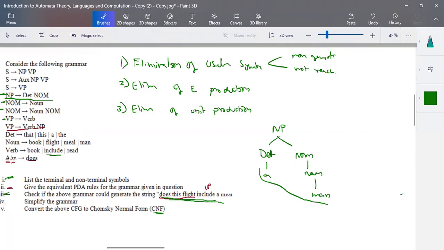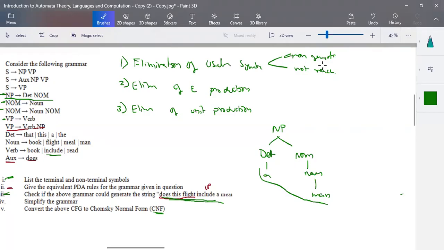And all the remaining symbols have a direct production. AUX tends to a terminal symbol, verb tends to a terminal symbol, noun tends to a terminal symbol. So all the elements here are generating. So you have to check all the variables, whether in the production, on making some substitution, it is able to stop the parse tree and derive to some set of terminal symbols. Okay. So there is no non-generating symbol.